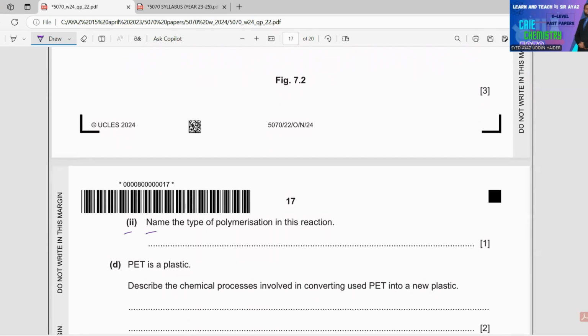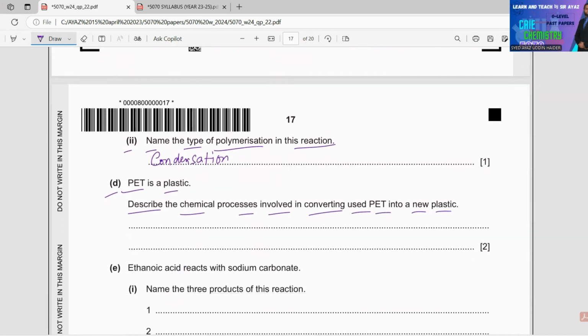Number 2, name the type of polymerization in this reaction. It's condensation. So I will write condensation here. D. PET is a plastic. Describe the chemical processes involved in converting used PET into a new plastic. Now we want to convert the used PET into a new plastic. So simply you have to break it down into its monomers.